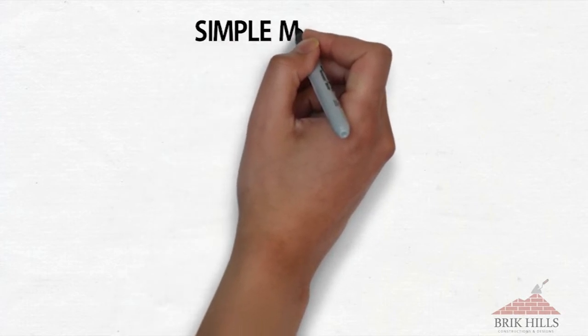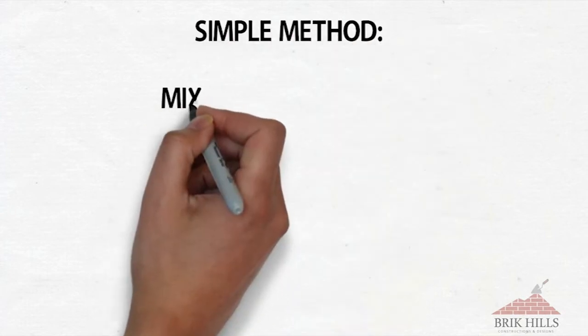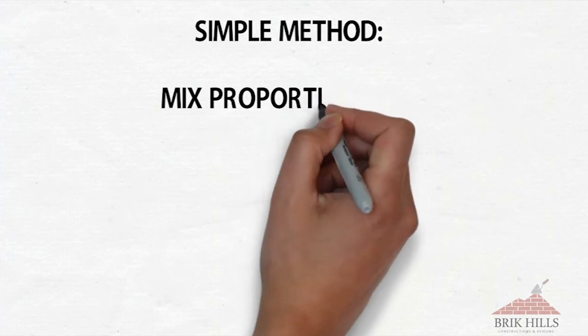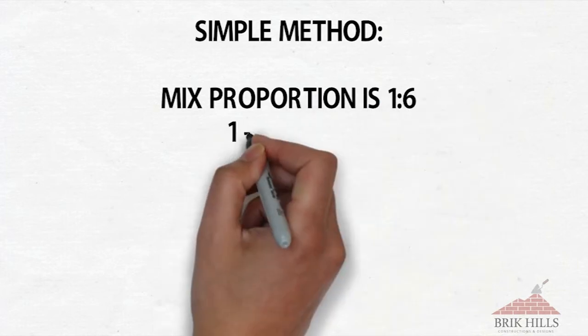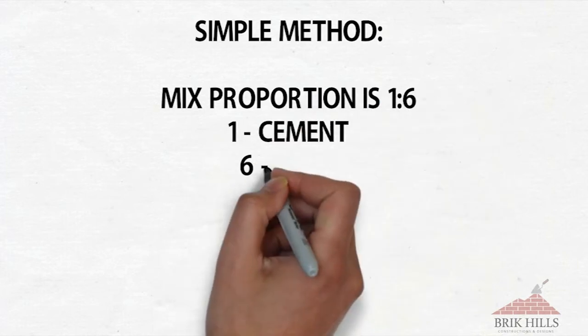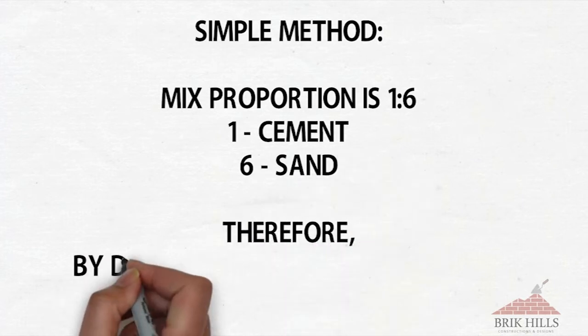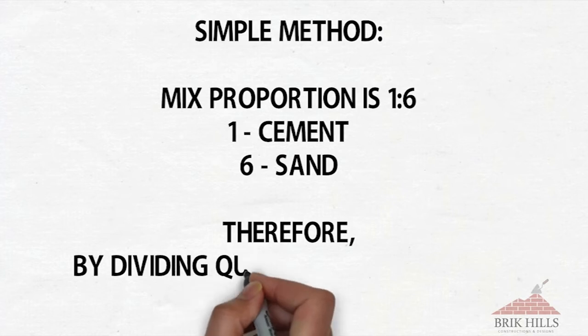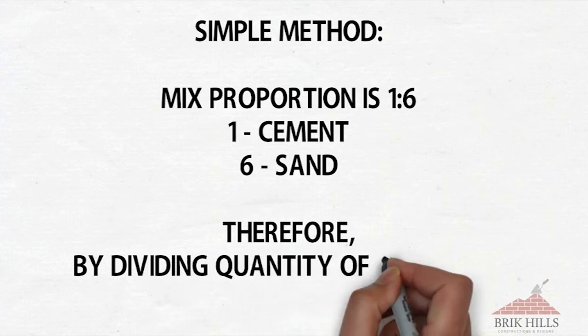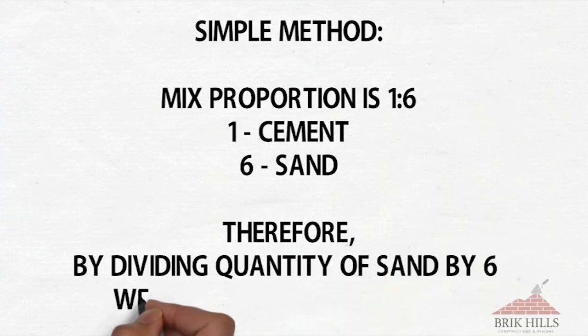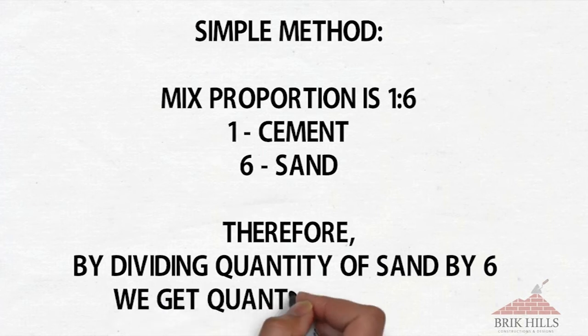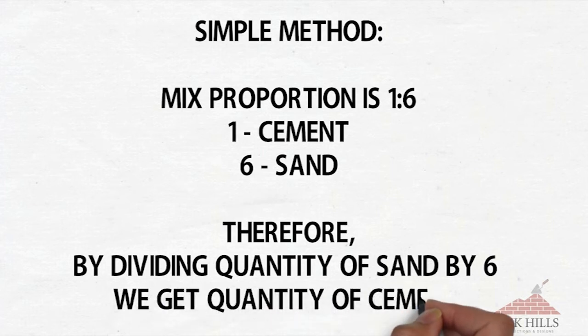a simple method is shown here. Mix proportion 1:6. 1 cement, 6 sand. Therefore, by dividing the quantity of sand by 6, we get the quantity of cement.